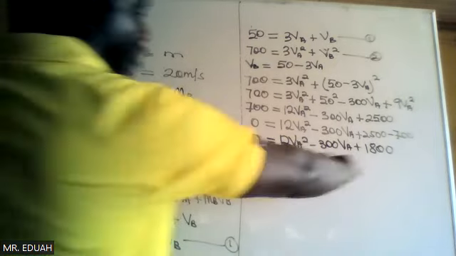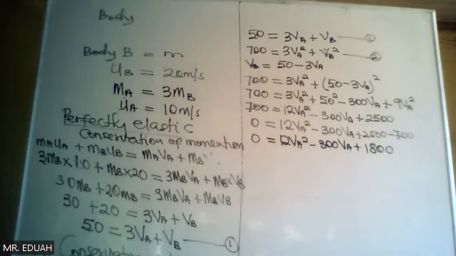Check and give me 300 divided by 4. I think it's 75.